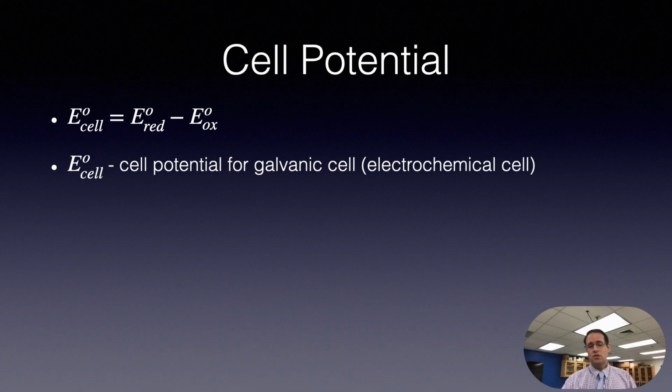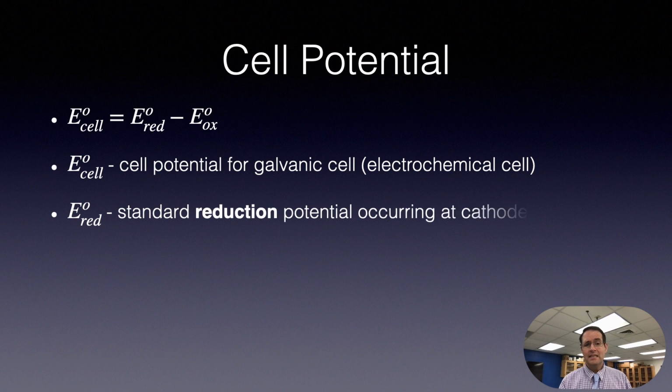So E cell is the cell potential for the galvanic cell, and again, this is an electrochemical cell or a voltaic cell. E red there is the standard reduction potential, and that occurs at the cathode. We'll see this a couple times with some examples and in the summary at the end of the slide. You'll need to memorize this.